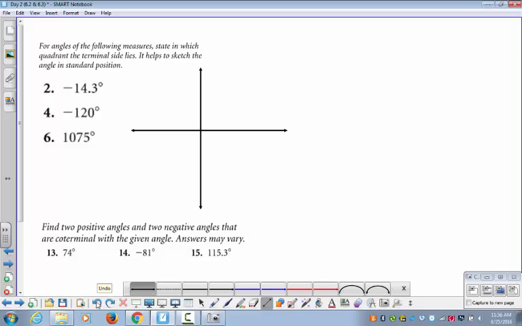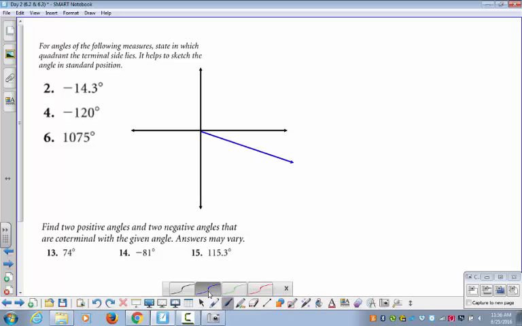So negative 14.3 degrees, that means we start at the positive x-axis, and because it's negative, we're going to rotate clockwise. But we're only going to rotate 14.3 degrees in the clockwise direction. So what quadrant is this terminal ray in then? Yeah. So negative 14.3 degrees, this one is in quadrant number 4.